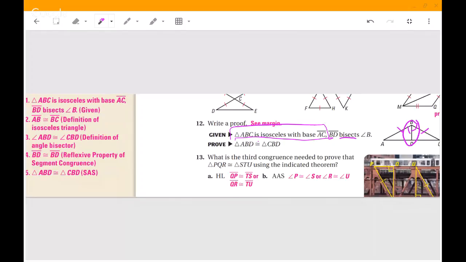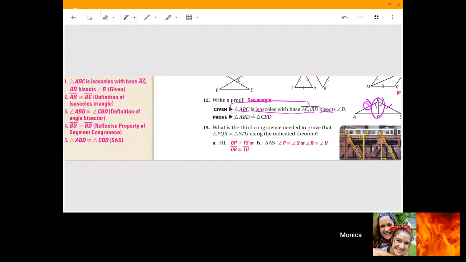And then have we shown enough information to say that the triangles are congruent? We have a side, an angle, and then we showed that side is congruent as well. So is that enough information?